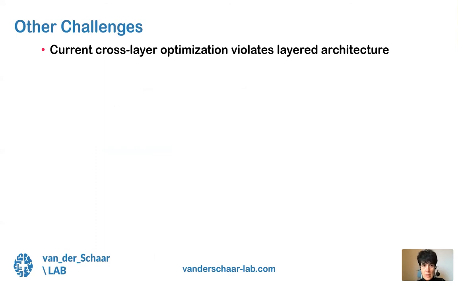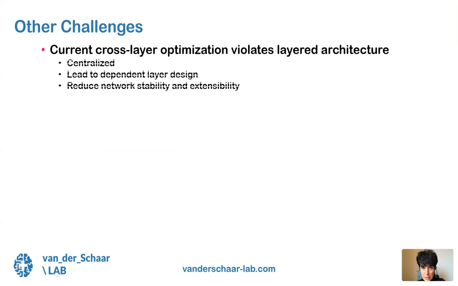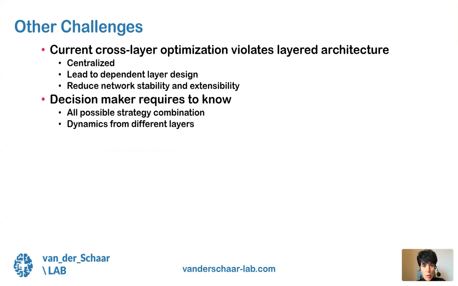There are also other challenges besides the fact that we do not want to violate the current layer architecture of the protocol stack. We also need to make aware the decision maker, if it is to formalize this as a centralized problem, of all the possible strategy combinations and dynamics at the different layers.